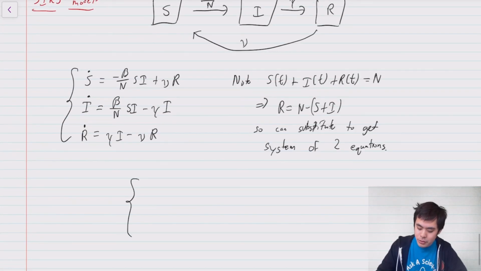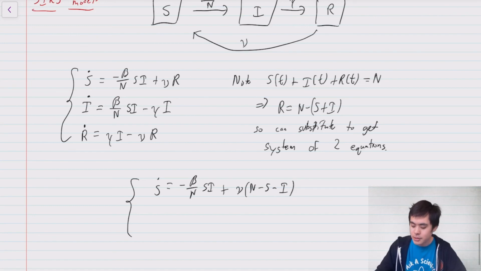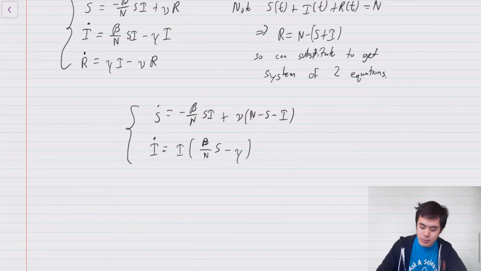What we're left with is S dot is equal to minus beta over N times S I plus nu times N minus S minus I, because that's what R is. And we get I dot is equal to I times beta over N S minus, sorry, that's not a nu, that should be a gamma, minus gamma. And this will be exercise 6.15 in your homework.